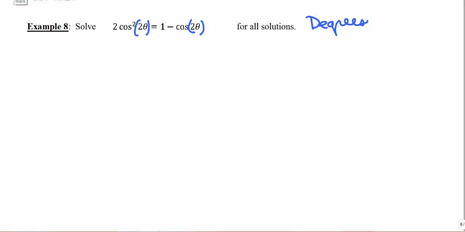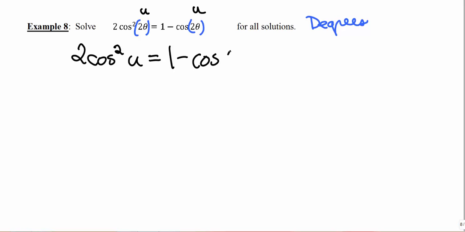We have to be a little bit careful because it's cosine squared of 2 theta. Let's let 2 theta represent just an angle called u. So we have 2 times cosine squared of u equals 1 minus cosine of u.